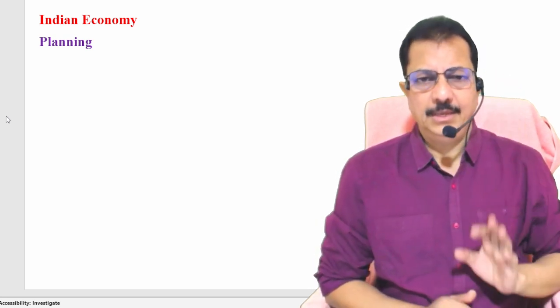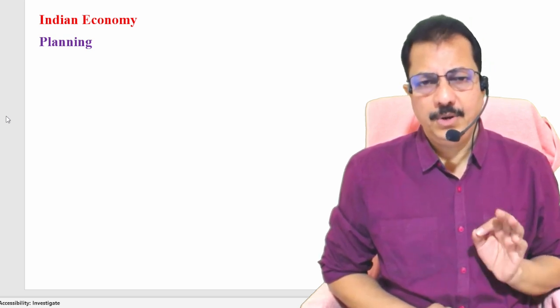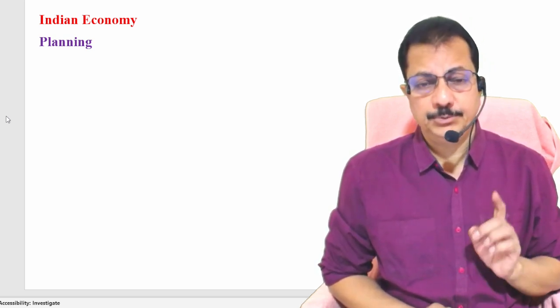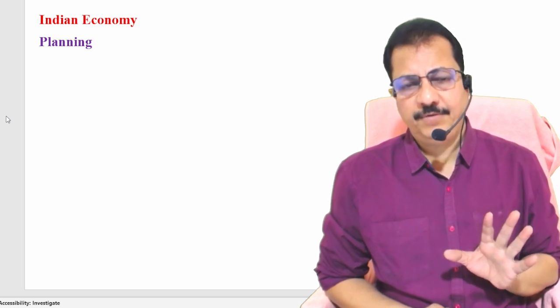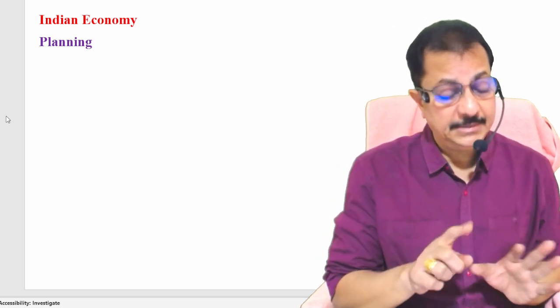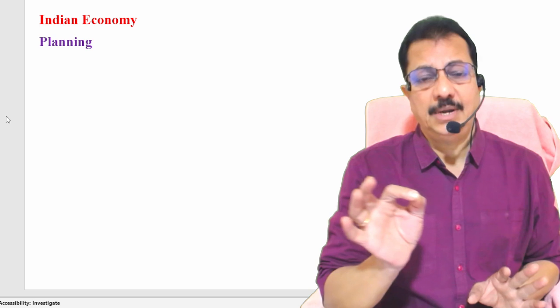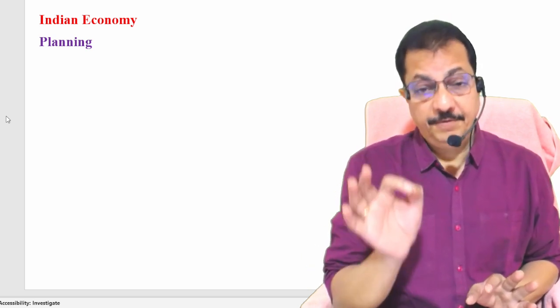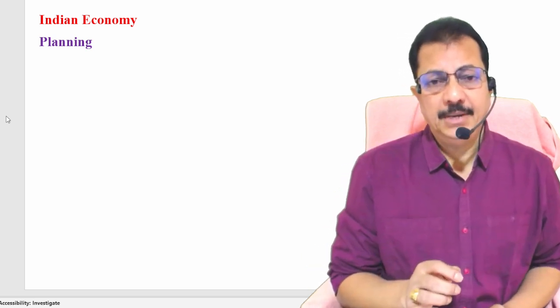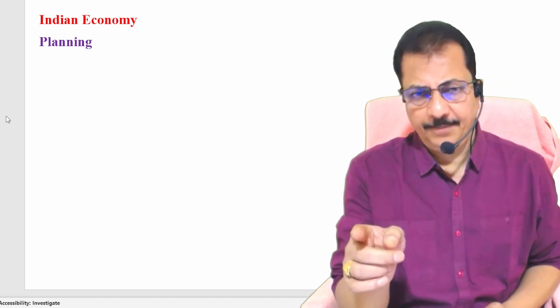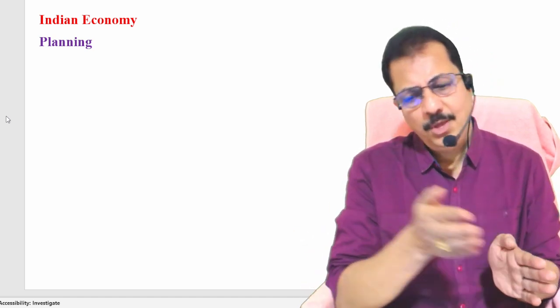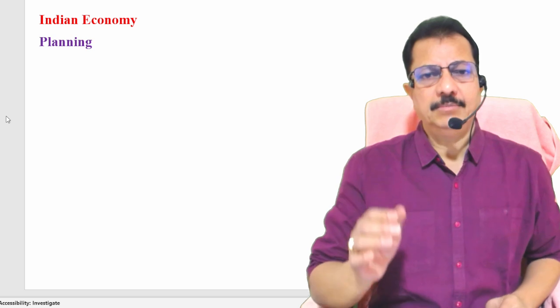Kindly remember one thing. I would like to tell you one very important point with respect to the fifth five-year plan. The fourth five-year plan period is 1969 to 1974. The fifth five-year plan period is from 1974 to 1979. Right? So when I say 74, you can add 5, that will become 79.